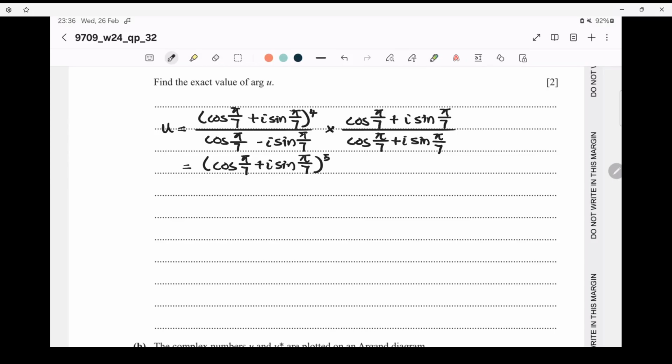And the one inside is just your Euler formula. So therefore, u is actually equal to e to the power of i 5 pi over 7. So therefore, the argument of u would be 5 pi over 7.